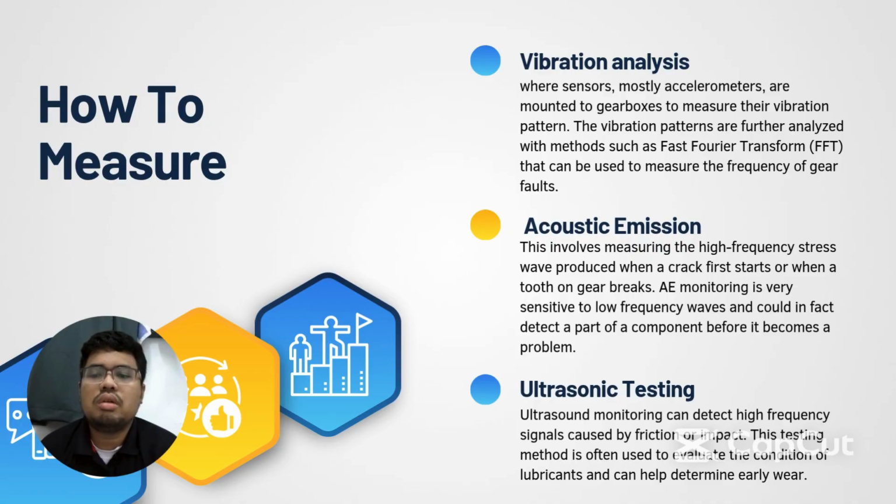Next, I will talk about how to measure. The first one is vibration analysis, where sensors, mostly accelerometers, are mounted to the gearbox to measure the vibration pattern. The vibration pattern is further analyzed with methods such as fast Fourier transform that can be used to measure the frequency of the gear fault.